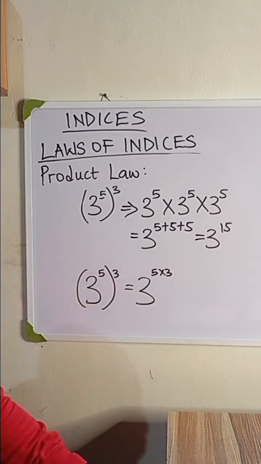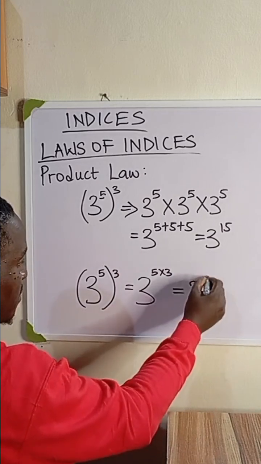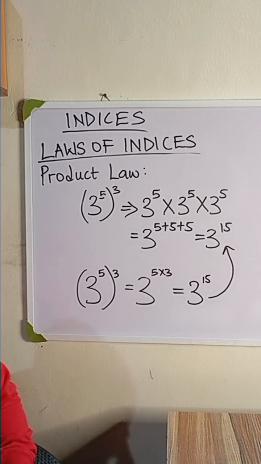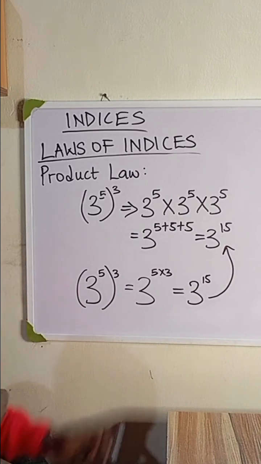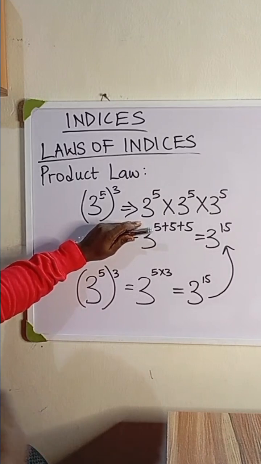That's just a simple way of solving it, which will give us 3 to the power of 15, the same as this. So this is the way you should solve it. I was just using the other one to show you the process.